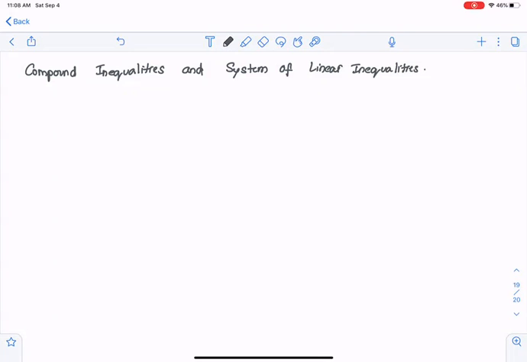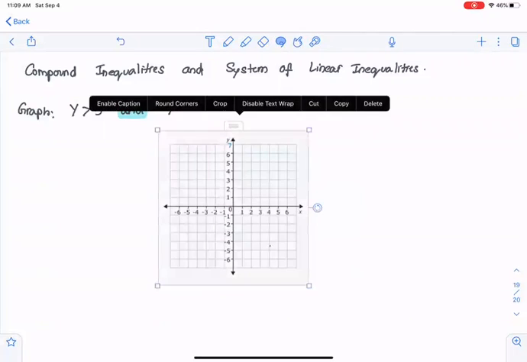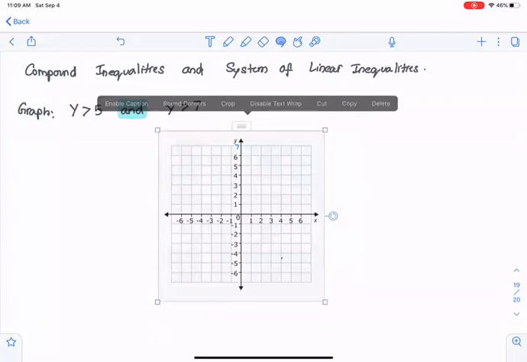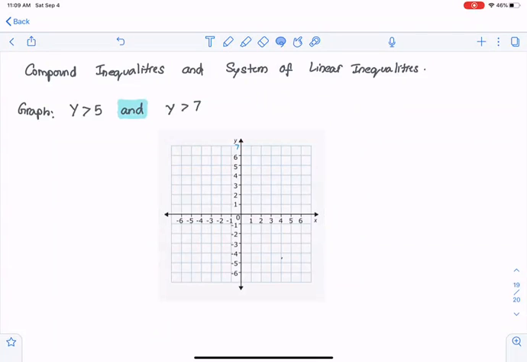So suppose we have y greater than 5 and y greater than 7. So here I have combined two inequalities with, excuse me, not with the graph, with and. Now I just want to show that combination and in the graph.